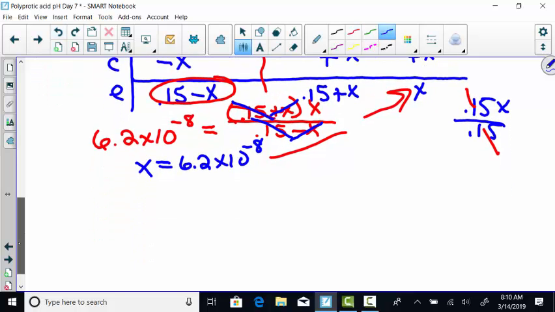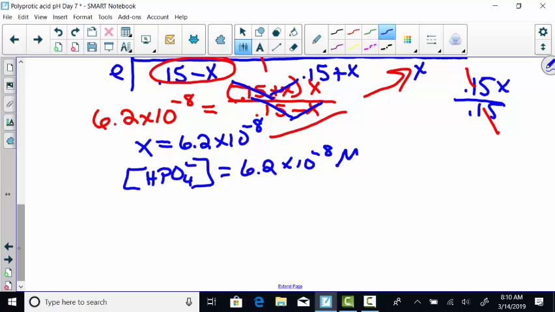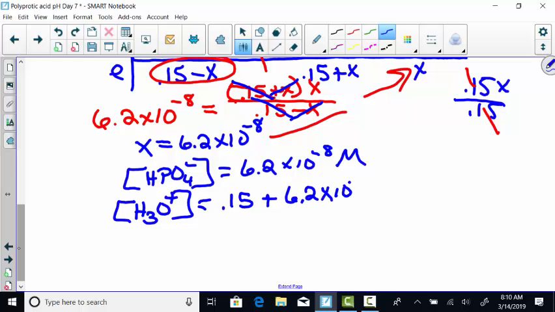So that means my concentration of HPO4 minus is 6.2 times 10 to the minus 8th molar. But now my H3O plus concentration was 0.15, and then we have to add that x to it, which is 6.2 times 10 to the minus 8th.